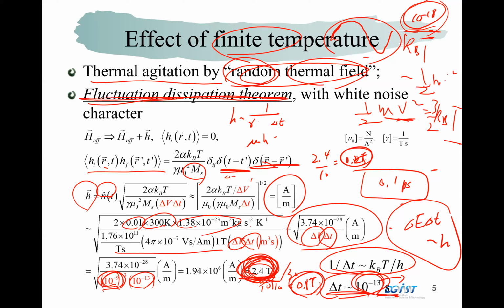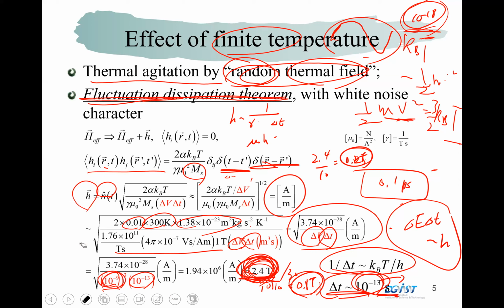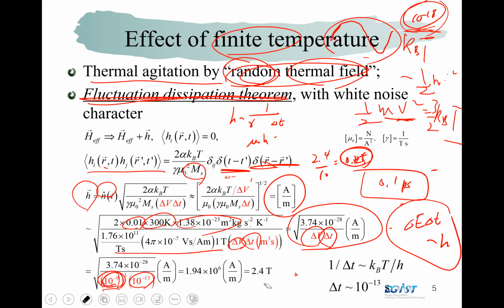So this superparamagnetic limit is a kind of bottleneck for information storage applications in spintronics, and not only spintronics but any kind of binary data storage system.